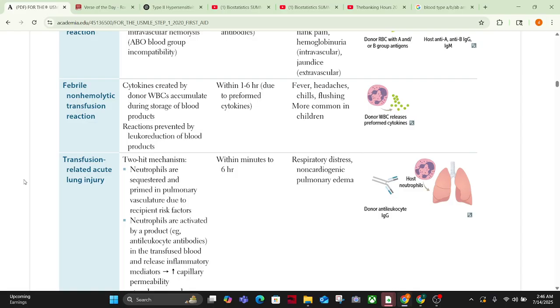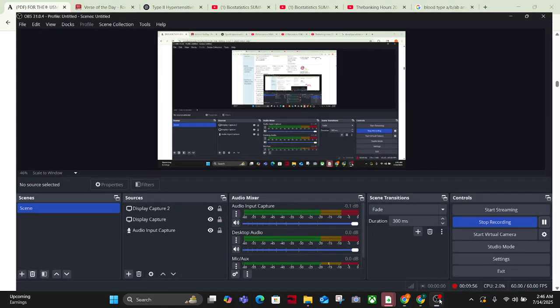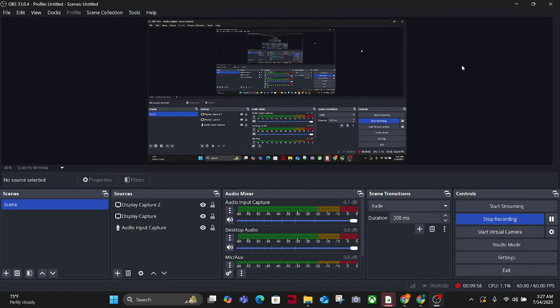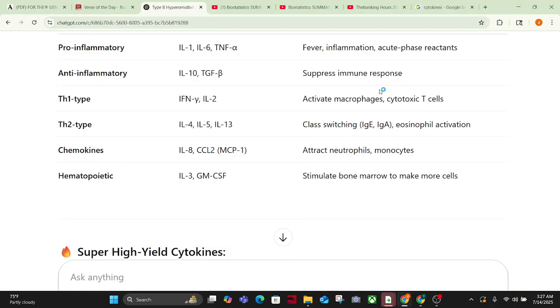What happens here is the donor white blood cell releases preformed cytokines. So these are cytokines: IL-1, IL-6, TNF-alpha, interferon gamma, IL-2, IL-4, interleukins, okay?